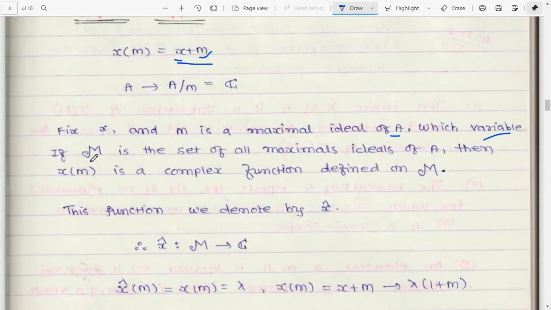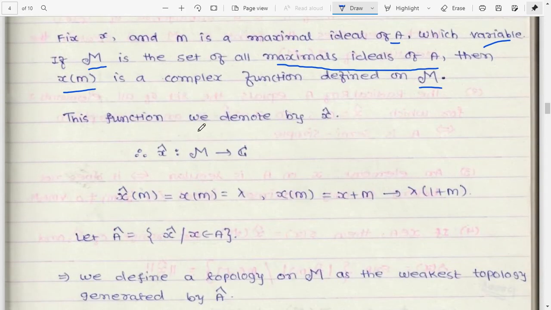If script M is the set of all maximal ideals of A, then x(m) is a complex function defined on script M. This function we denote by x cap.